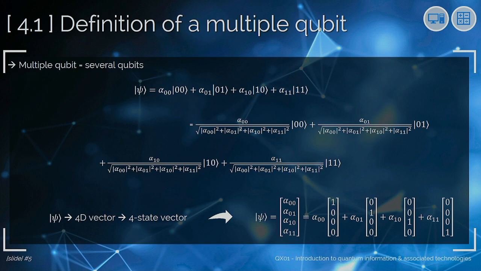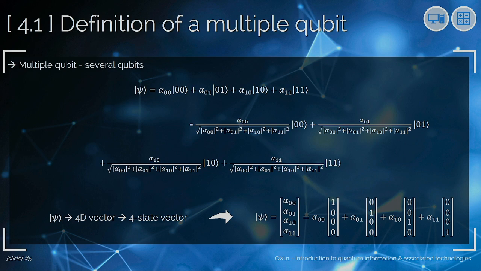With the same rules as before, these coefficients are complex, and we like to use vectors normalized to 1, as for qubits. But what we can see here is that this 2 qubit state, this 2 qubit system, is actually a 4-dimensional vector, right, with 4 coefficients.